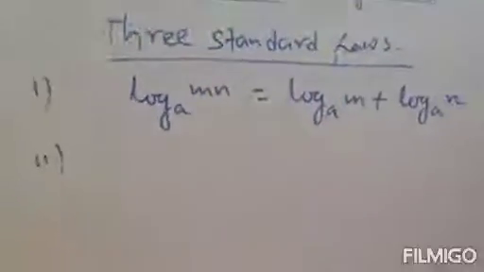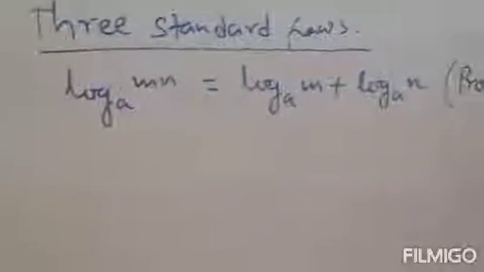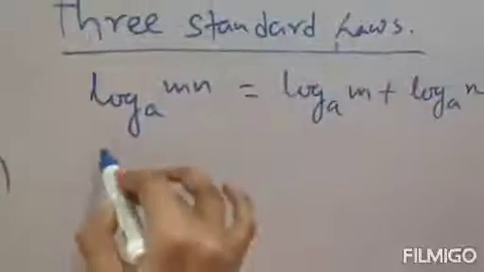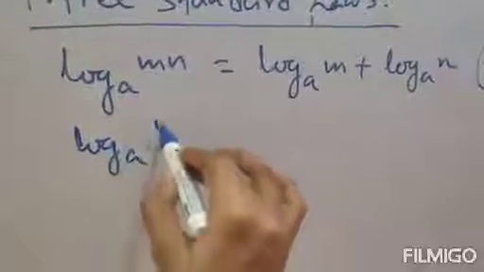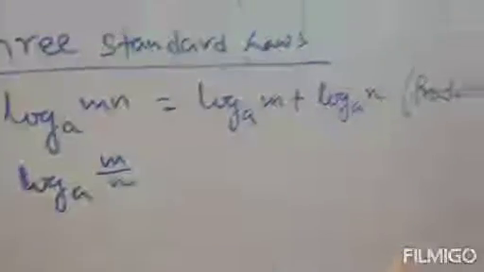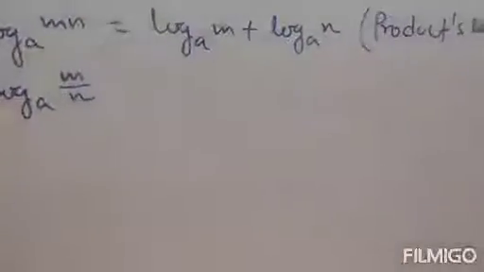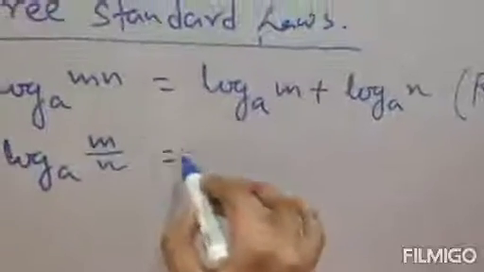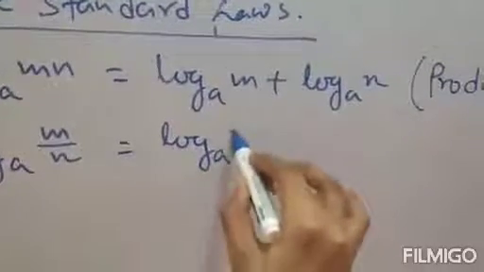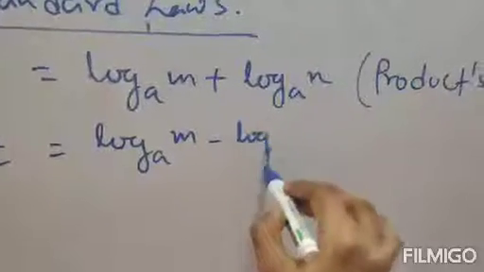Second formula: here m and n are multiplied, that is mn. But if it is log a m by n, that is, if it is divided, then the formula is log base a m minus log base a n.